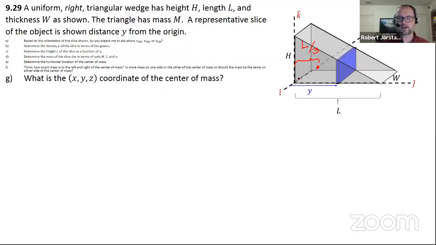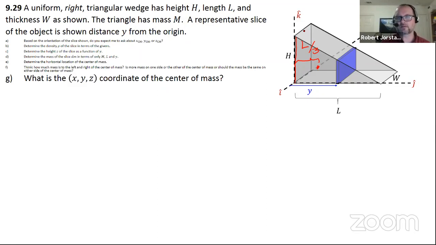If I had integrated, I could just rotate that triangle or rotate my axis of integration. It's the same problem. And so you should find eventually that the vertical coordinate, which I believe is on the k hat, should be h over 3.